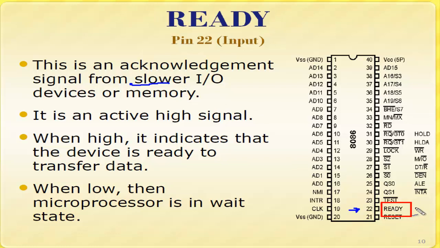It's an active high signal, not a bar like we had with the read. So if it is 1, that means the devices are ready, and we can go for reading from the devices, or passing data to the devices from the processor. But if it is 0, that means the device we are trying to talk with is not ready, so the processor has to wait.